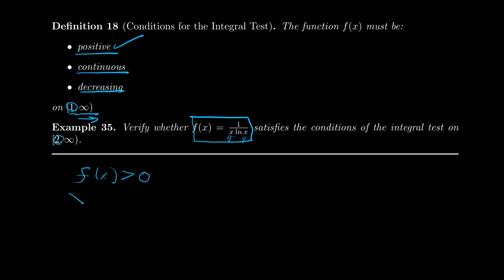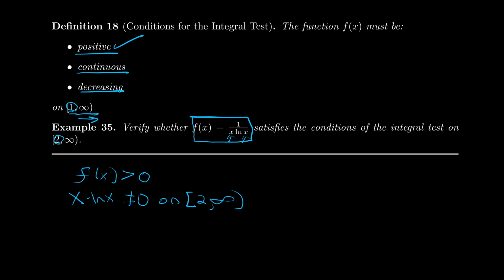But x times the natural log of x is never going to give us 0 on our interval from positive 2 to infinity. There's no number between positive 2 and infinity such that that number times the log of that number gives us 0. We just won't be able to do it. That's why we didn't start at 1, by the way. So we're good to go on there.